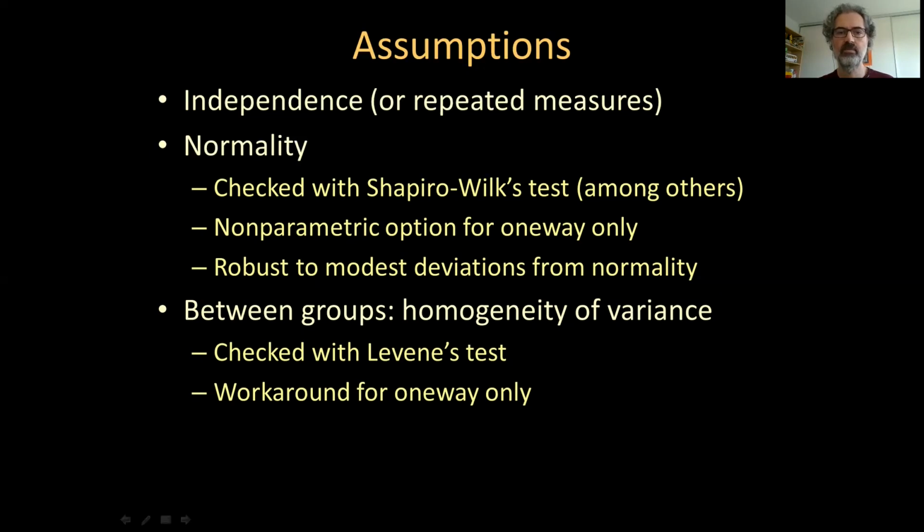You can check whether there is homogeneity of variance in your analysis by running what is called the Levene test, which is offered in every software that runs analysis of variance.